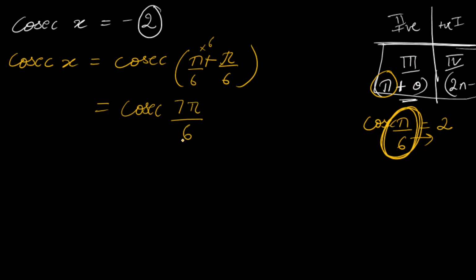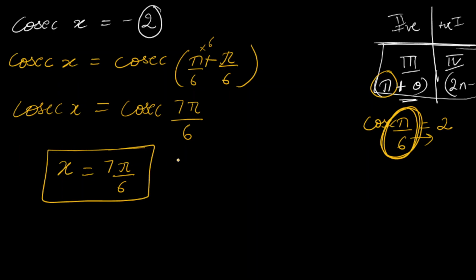So cosecant x is equal to cosecant 7 pi by 6. If I compare the angles on both sides, just assume as if the trigonometric function is getting cancelled. So x is equal to 7 pi by 6. Don't cancel it, okay? This is the first principal solution, and this value is of the third quadrant.